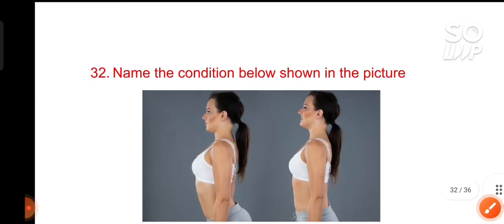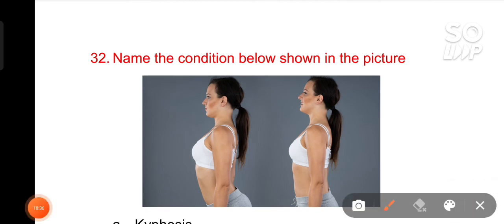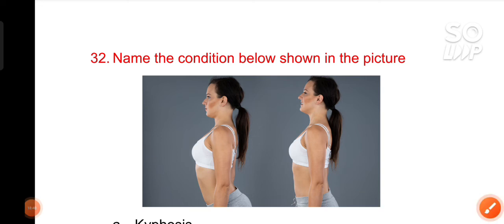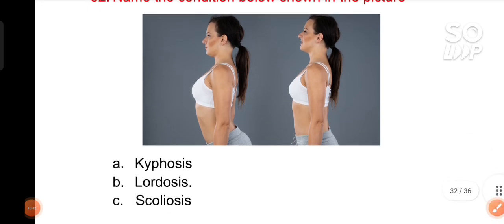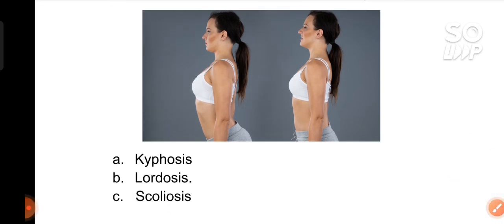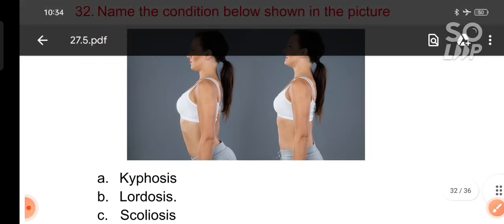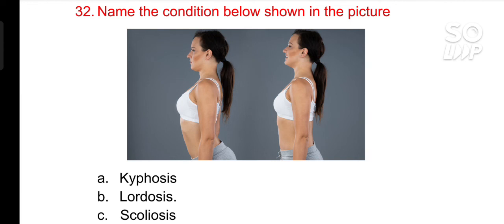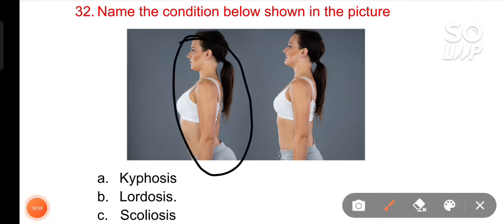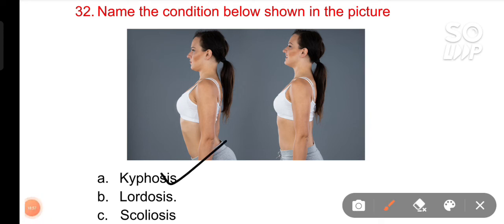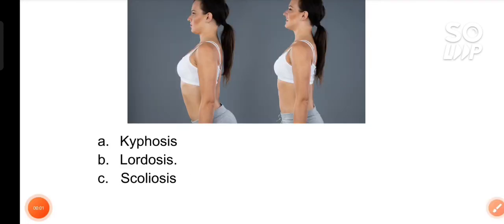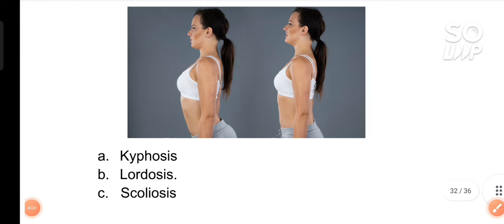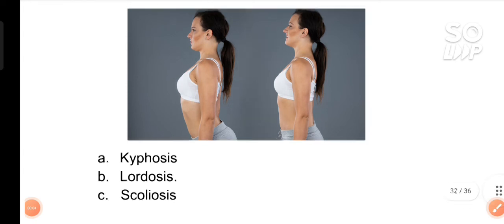The next question: name the condition shown in this picture. Here we have a lady standing. What is the condition in this picture? The options are kyphosis, lordosis. The right option is lordosis.